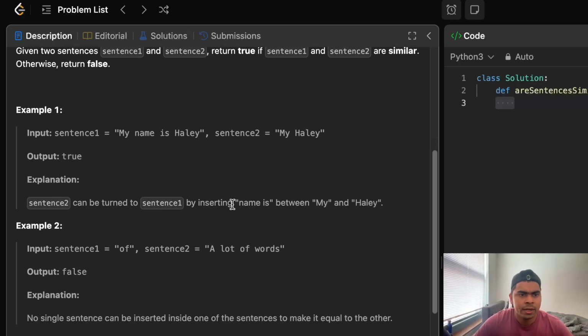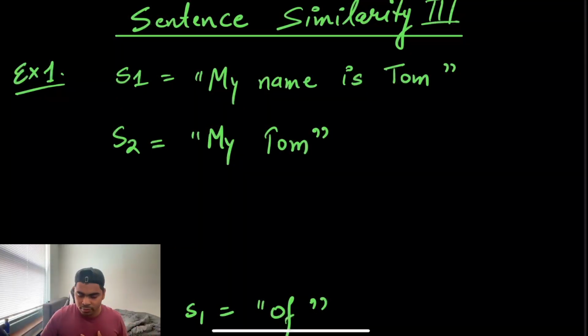Okay, so let's try to understand the examples again on a notepad. In this example S1 is "my name is Tom" and this one is greater, and remember, there are no spaces here, don't think this is a space. S1 is "my name is Tom", S2 is "my Tom". Since S2 is smaller, we would try to make S2 into S1 by inserting this group of words, another sentence separated by spaces.